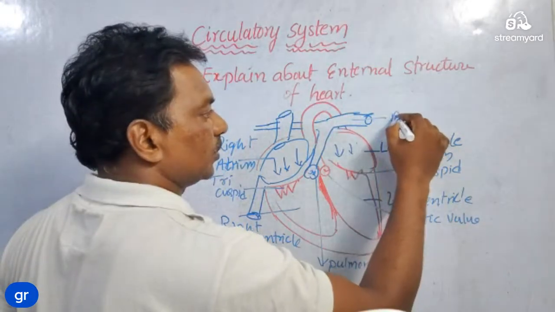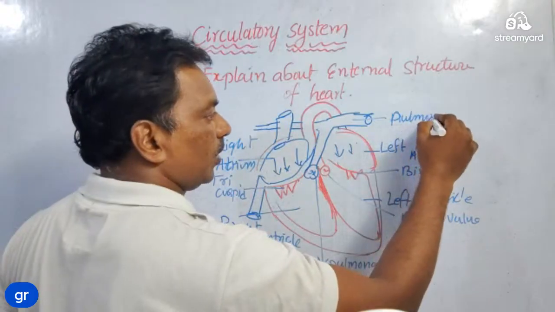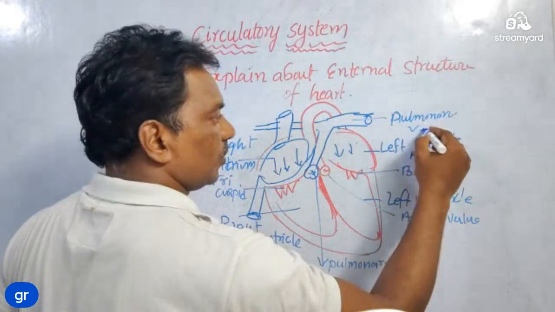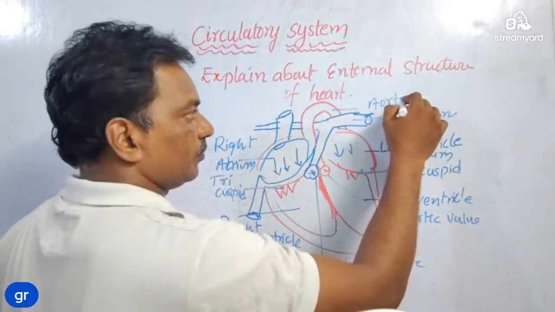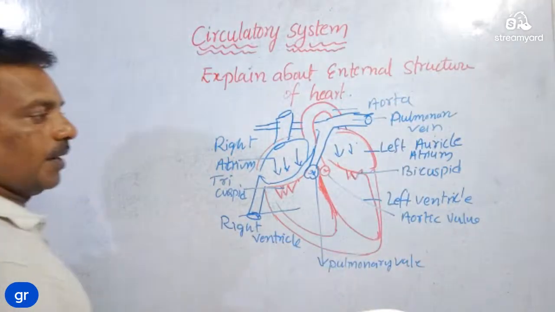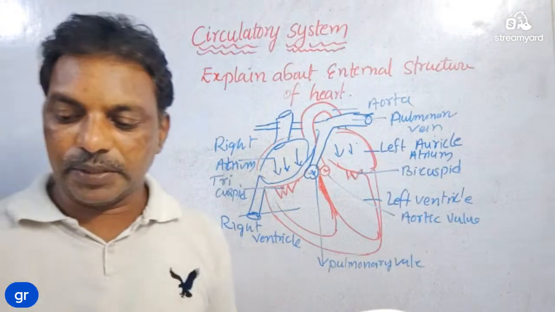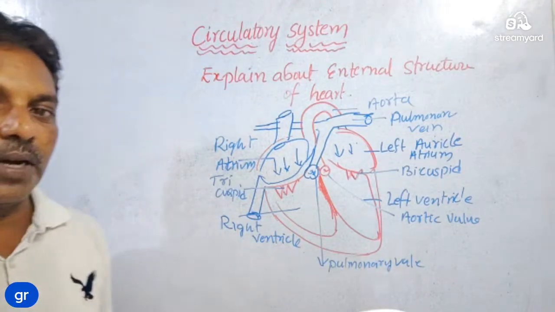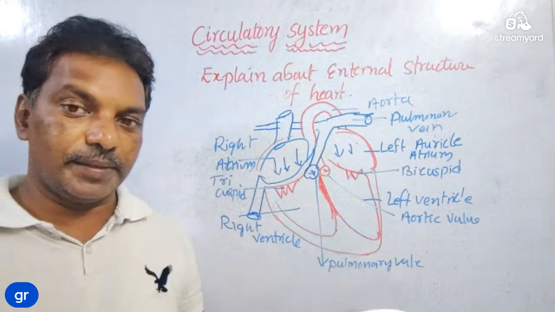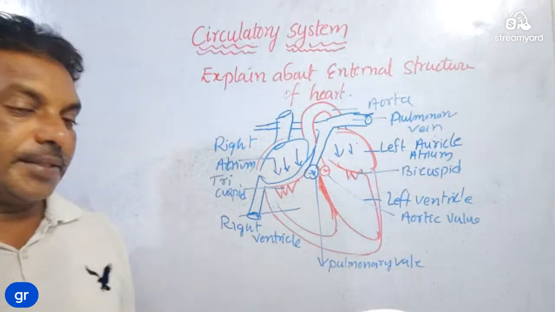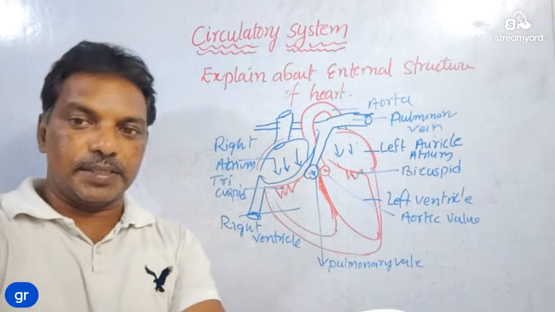This is the pulmonary vein. This is the aorta. These are all the internal structure of heart labels.